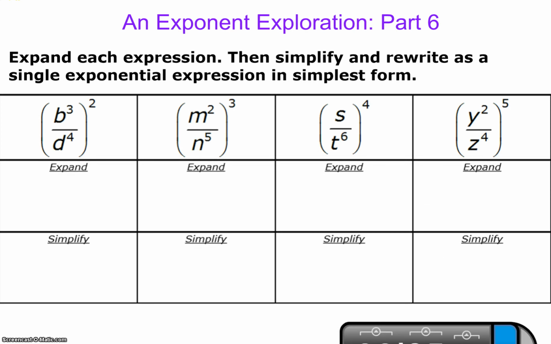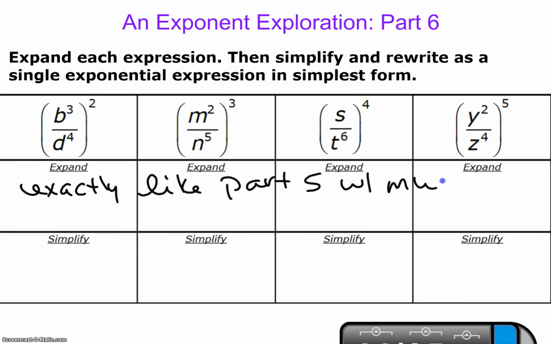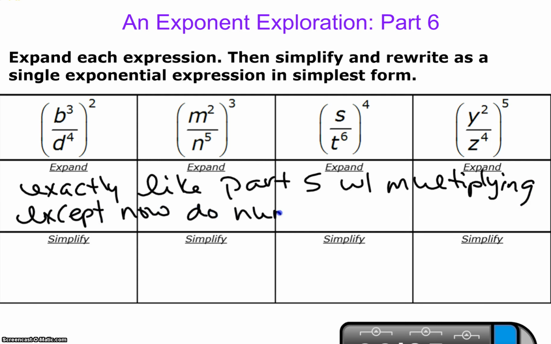Okay, so part 6: expand each expression, then simplify and rewrite as a single exponential expression in simplest form. What you need to know is exactly like part 5 with multiplying, except now do numerator and denominator.